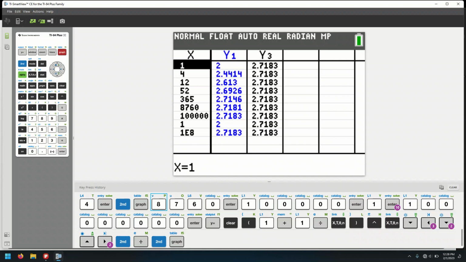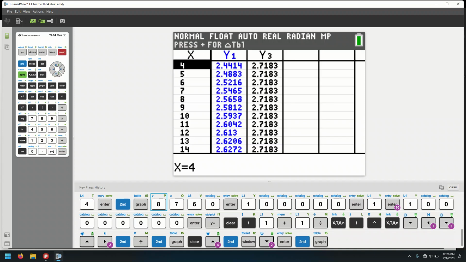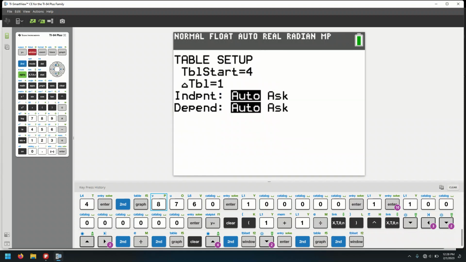When I go to the table, let me clear this. Second, table set. Let me do the auto. Notice how for large values of x they get increasing. Let me do table set again. Hopefully those values are gone.